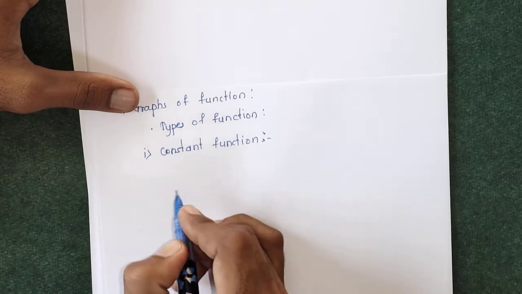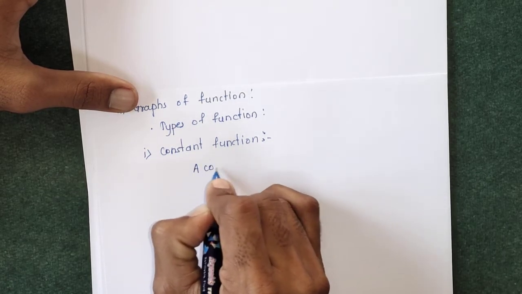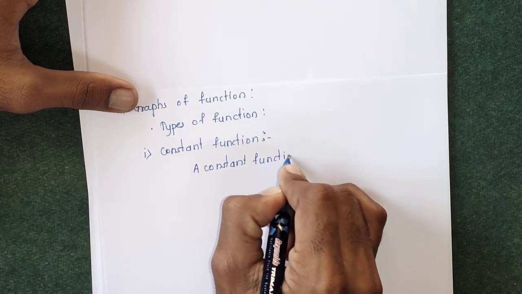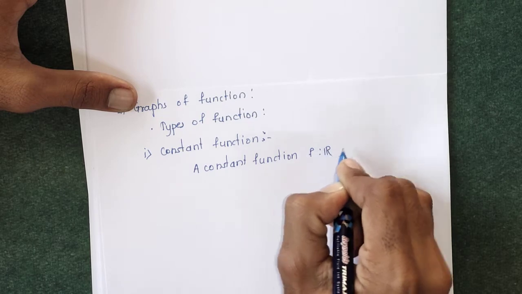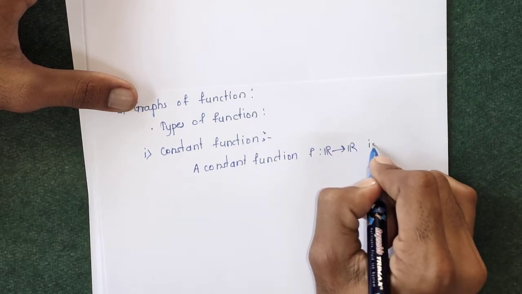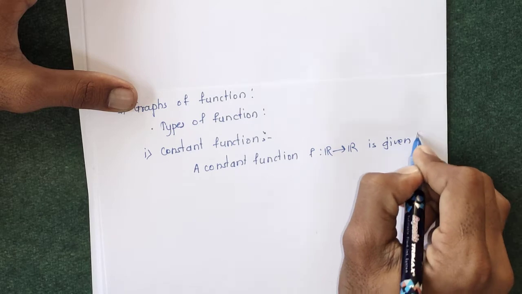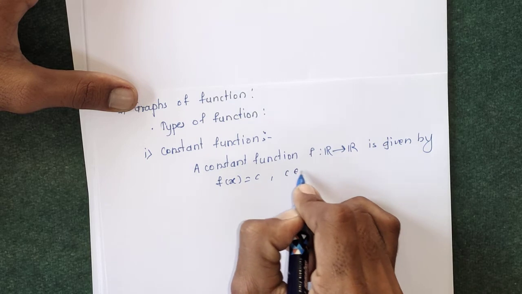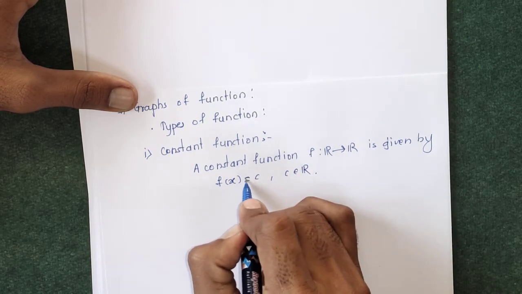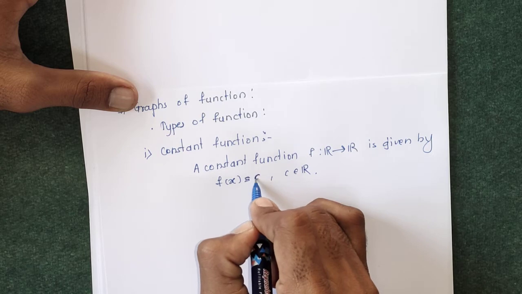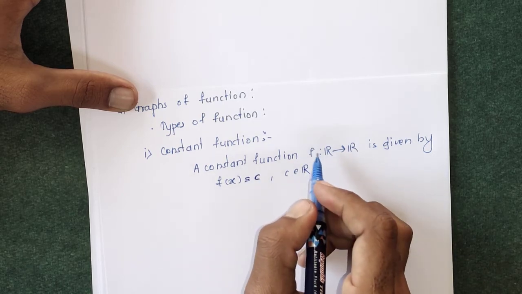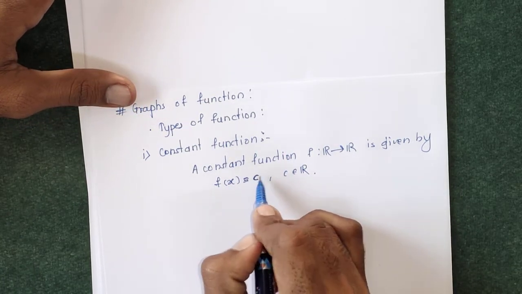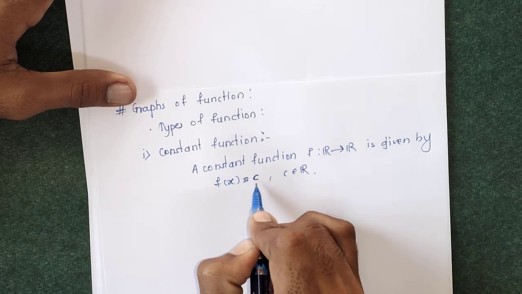A function f from real numbers to real numbers given by f of x is equal to c, for some c belonging to R, that is, the image of every real number is that particular number c, is called a constant function. The domain of the function is R and the range is only c.